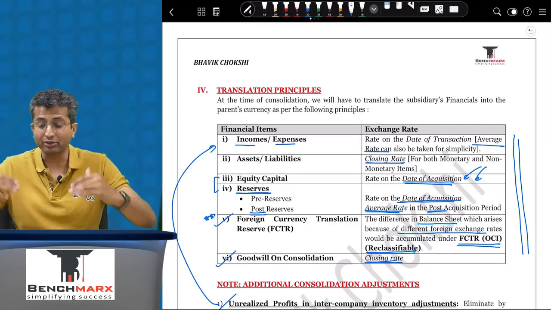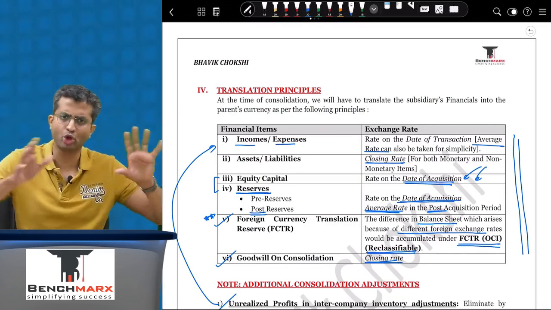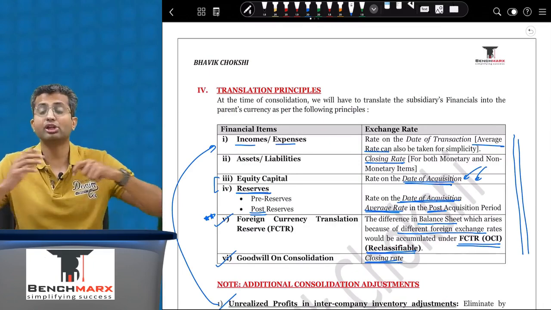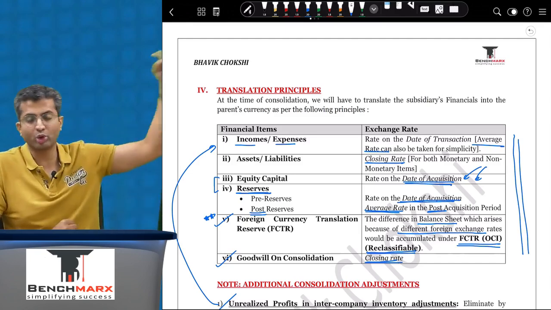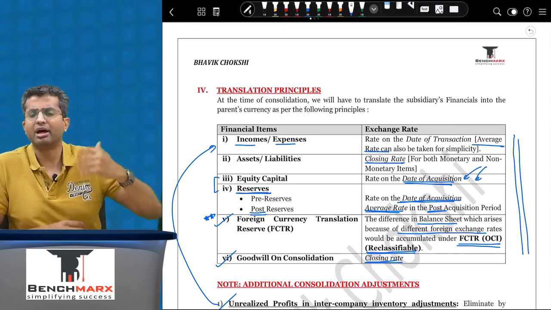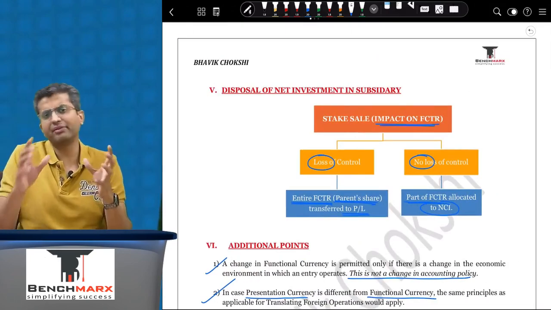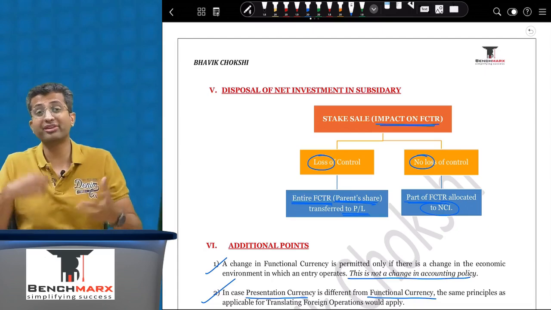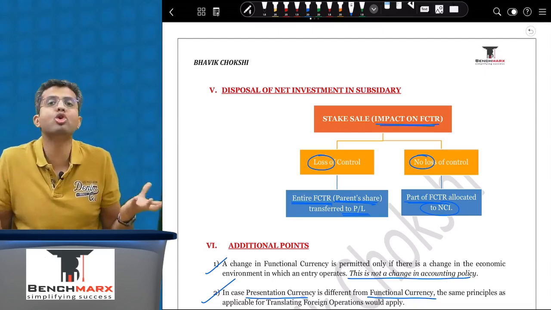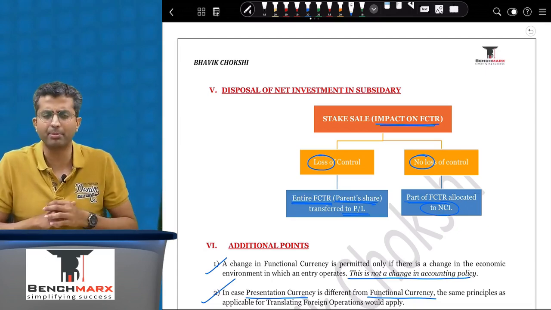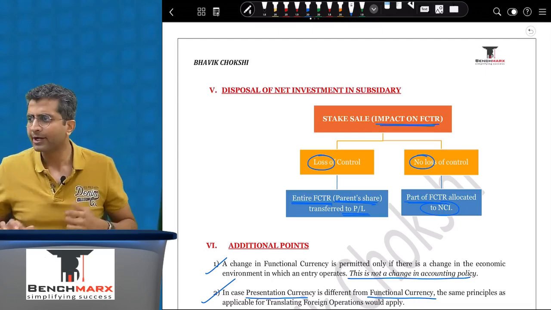The assets and liabilities as on the balance sheet date are converted into dollars using the closing rate. The share capital at the rate when Coca-Cola US acquired control, reserves at the average rate, and so on. The difference, if any, will still be going into FCTR because this is also just a book-based conversion.